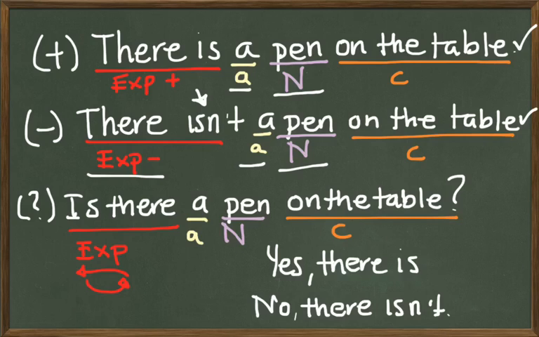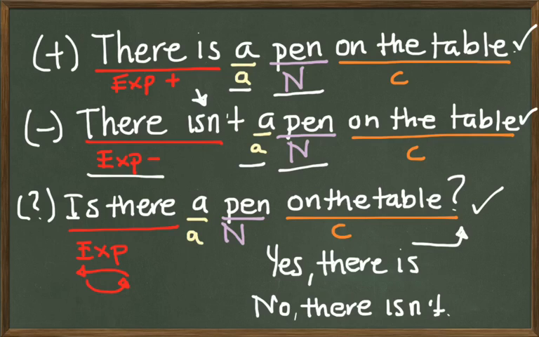Now, if I want to make a question, as you can see, we have an inversion of elements. We swap there and is, and then we have is there. And we say, is there a pen on the table? Don't forget that intonation here is important, and we rise the intonation at the end.